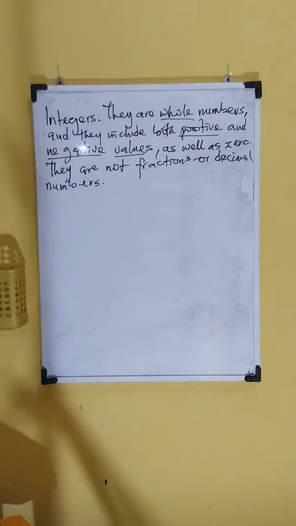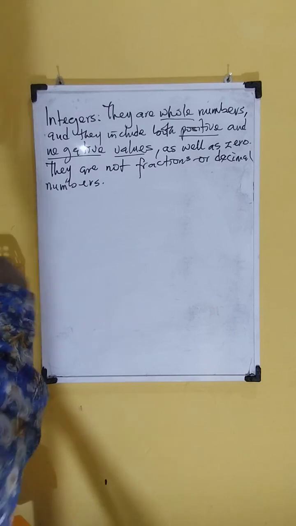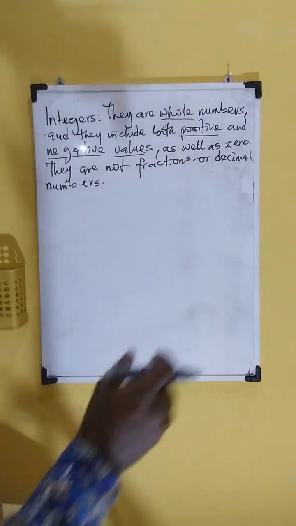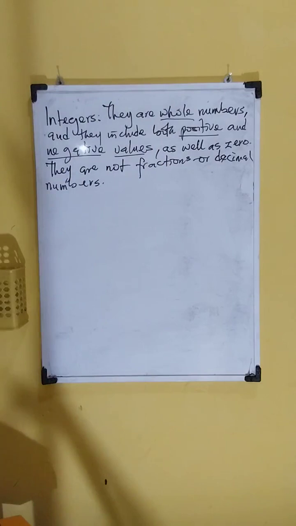They are just whole numbers. Whole. That means they are full numbers. Zero is included. So integers can either be negative or positive numbers.